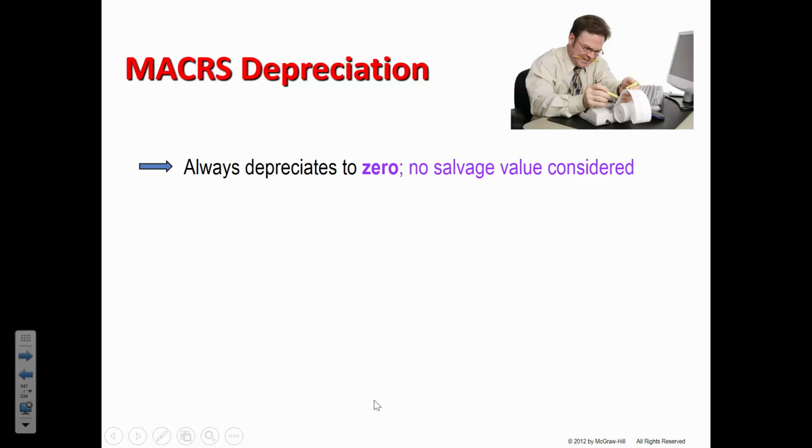All right. So Modified Accelerated Cost Recovery System is a depreciation method that blends the two approaches that were discussed in the video. The video I showed you for Friday's class had straight line and declining balance. Straight line is just like the name implies, a linear depreciation system where the amount each year is constant.